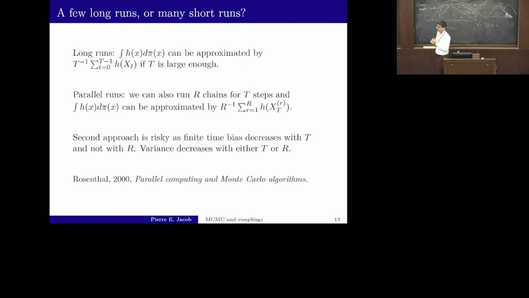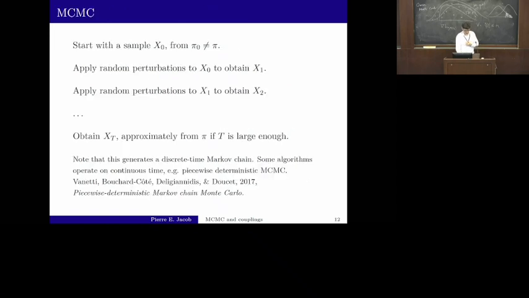I was going to ask, related to a few long runs versus many short runs, if you don't mind going back to the previous slide. Yeah. So we started from x0, applied random perturbations, got x1, do the same thing all the way to xT. For T large enough, xT would be drawn from pi. If we took a look at xT minus 1, let me now construct a different MCMC chain where the new pi 0 is going to put all its mass on this xT minus 1.